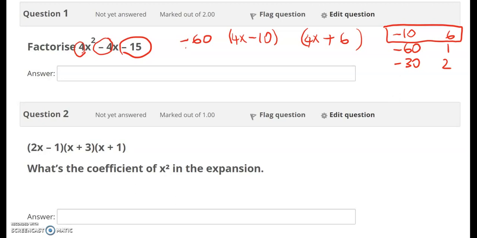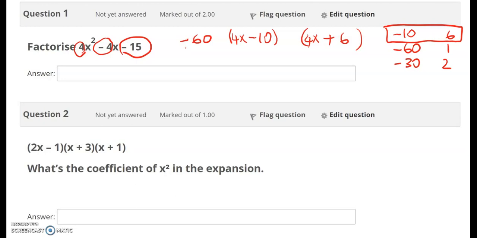It's definitely not the final answer because, as you can see, we've got 4x times 4x, which is going to give us 16x squared, whereas we only need 4x squared. So we're going to have to reduce this further. Looking at 4x minus 10, what kind of factor could I put in front of the bracket that would make the numbers smaller?